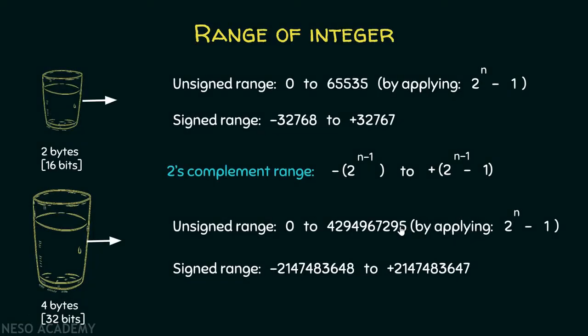As I already told you in the previous lecture, integers can have signed range and unsigned range. Typically signed range is from -32768 to +32767, and the unsigned range is from 0 to 65,535 for 2 bytes integer, and for 4 bytes this would be the range.